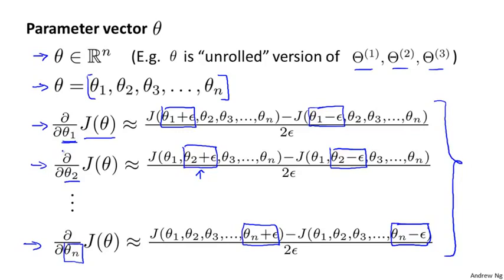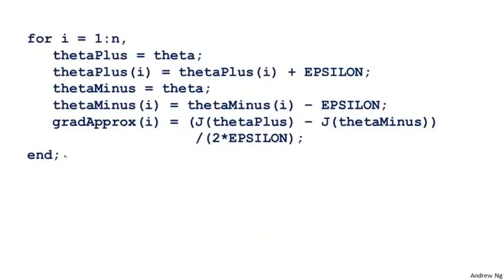Concretely, what you implement is therefore the following. We implement the following in Octave to numerically compute the derivatives. We say for i equals 1 through n, where n is the dimension of our parameter vector theta, and I usually do this with the unrolled version of the parameters. So theta is just a long list of all of my parameters in my neural network, say.